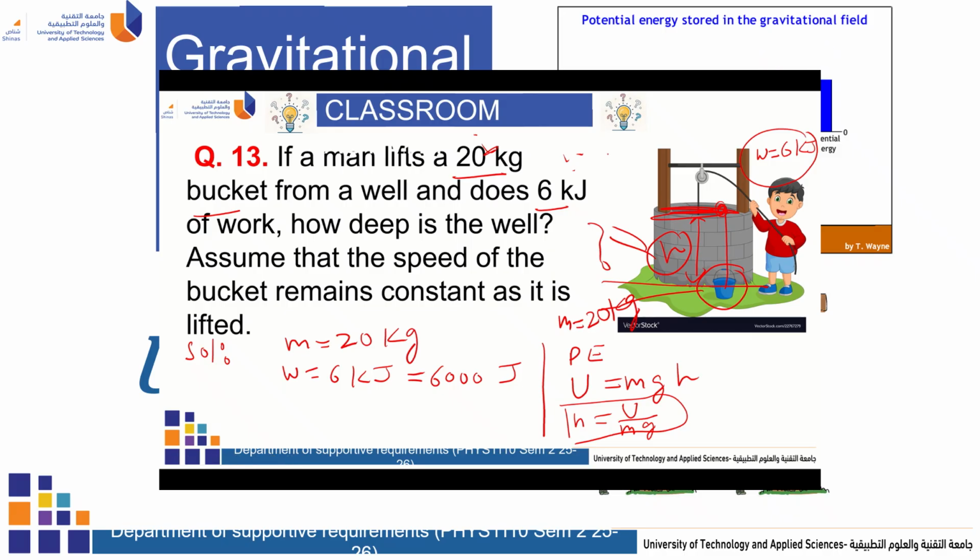So the height is the potential energy U divided by m and g. The energy is 6000 joule, the mass of the bucket is 20 kilogram, and the value of g is 9.8.